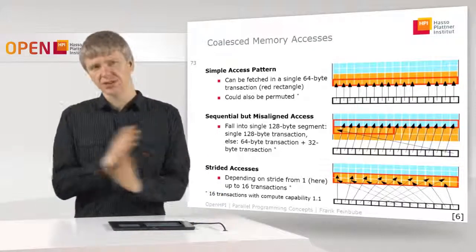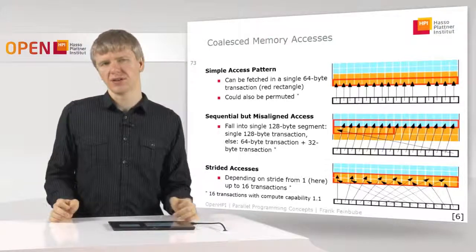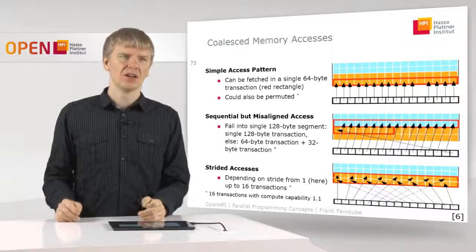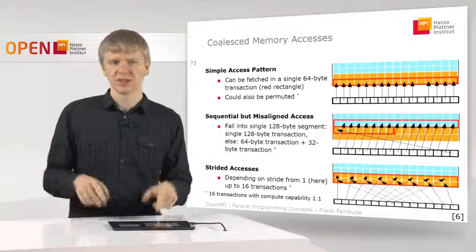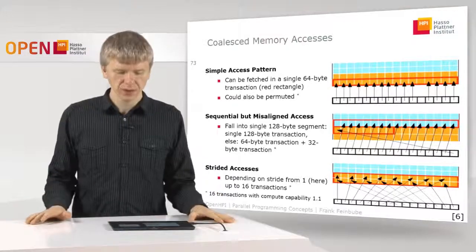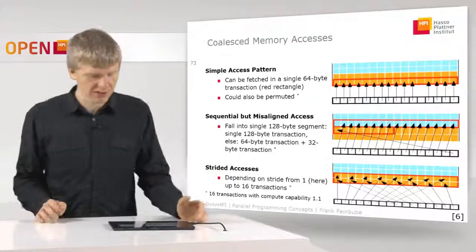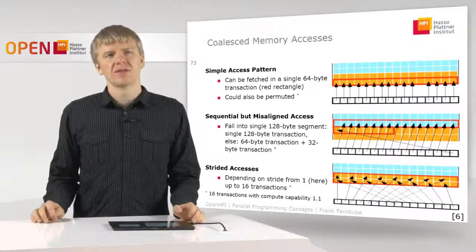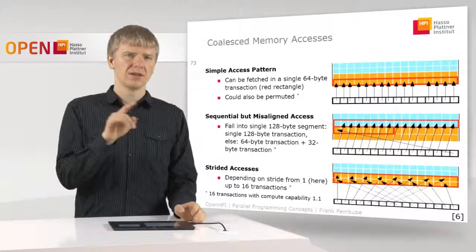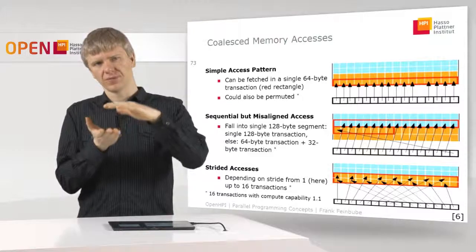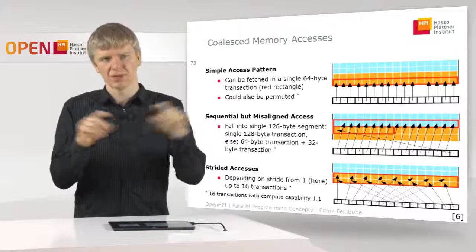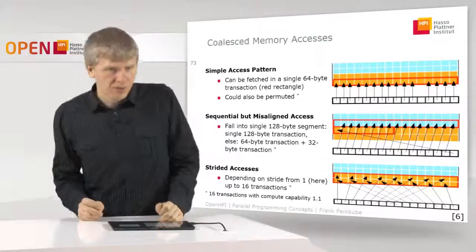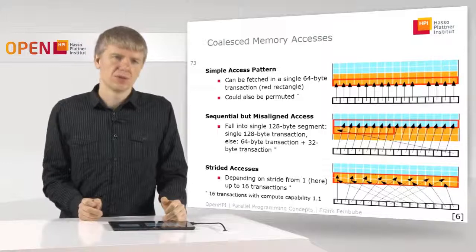If you permute this, modern GPUs can deal with this as well, and it's still one memory fetch. Old GPUs would have a problem here, and you would have one memory fetch for each thread, so for 16 threads, it would take 16 times as long, which is pretty huge. Then you could also have execution where you are not in the same segment, and then this could still be pretty fast with modern GPUs or pretty slow with old GPUs.